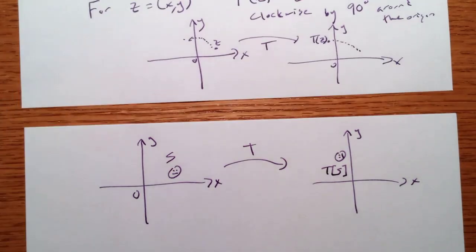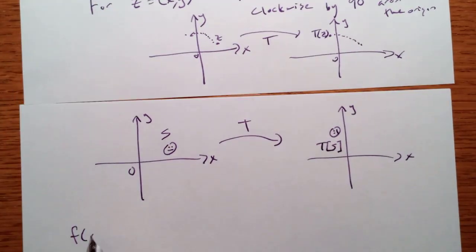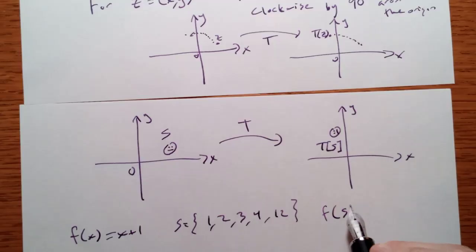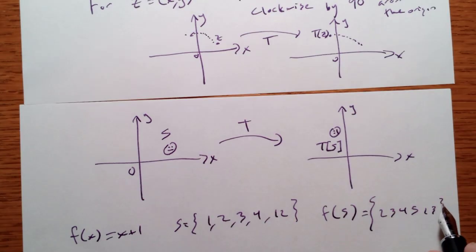If I have a numerical rule, f of x equals x plus 1, I could give you a set made up of some numbers. Let's pull a couple numbers out of thin air: 1, 2, 3, 4, 12. Then f of S is 2, 3, 4, 5, 13.